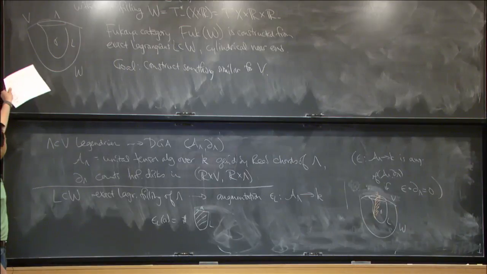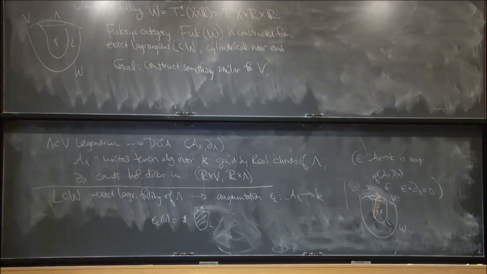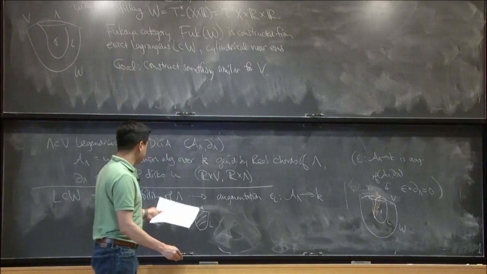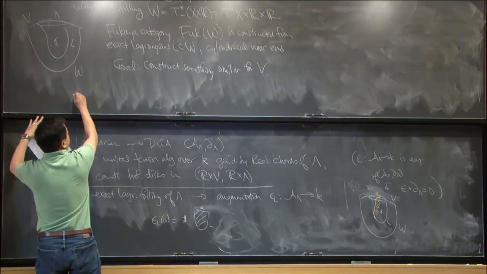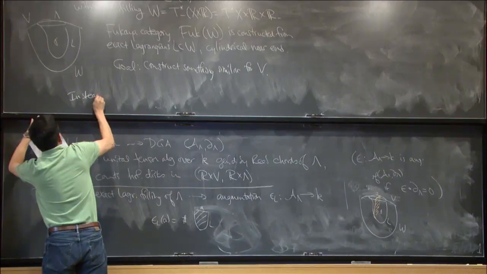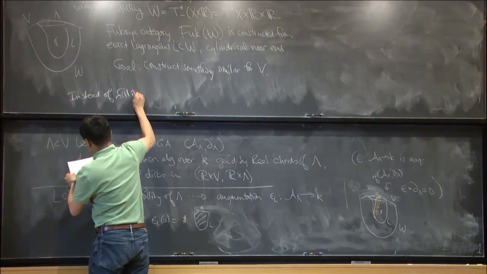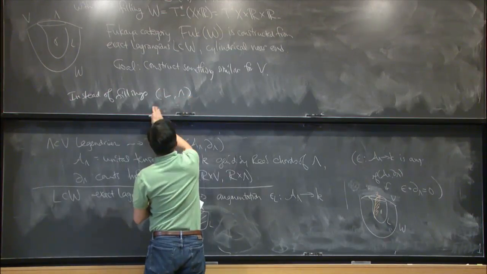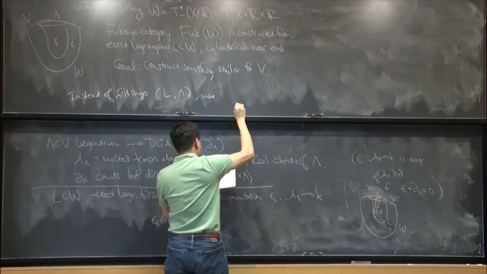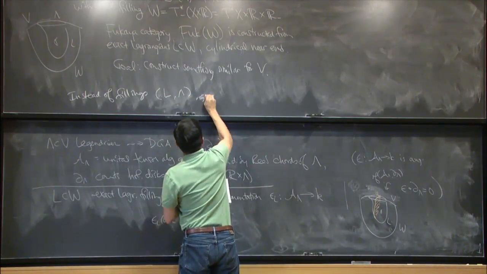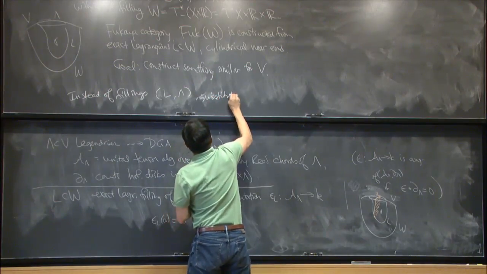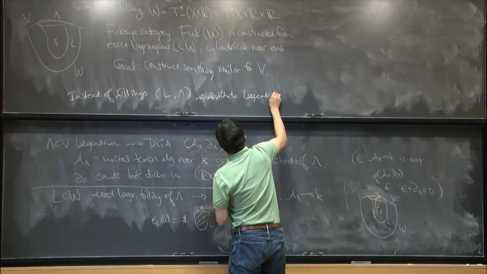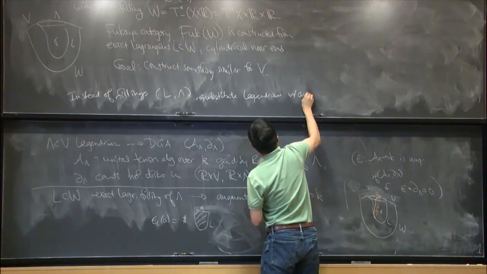So instead of using Lagrangian fillings L of lambda, what we'll do is we'll substitute Legendrians with augmentations.